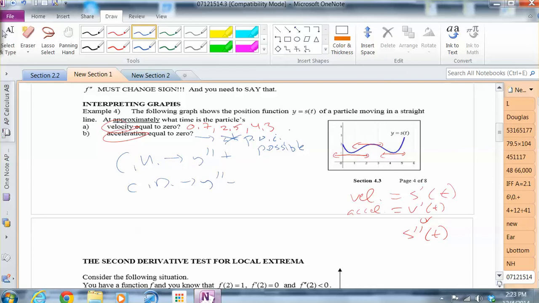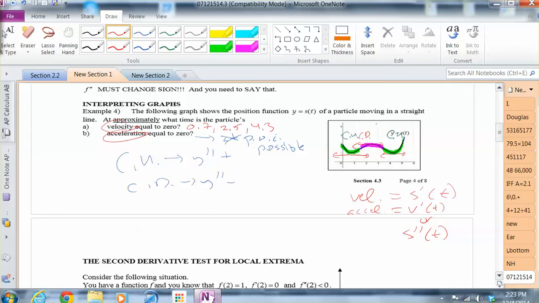So let's see where it could be concave up. Probably looks like it's concave up in this region, concave down over here, concave up over there. So concave up over here and over here, concave down over there.